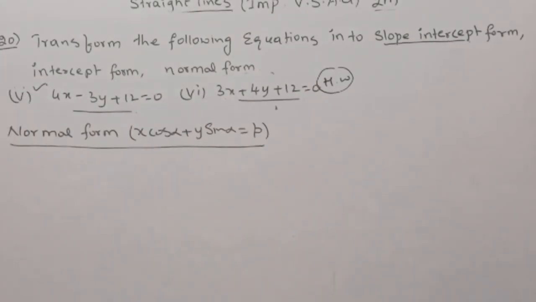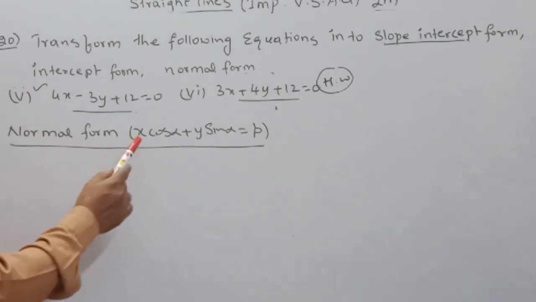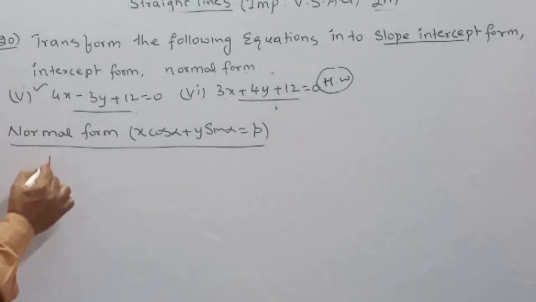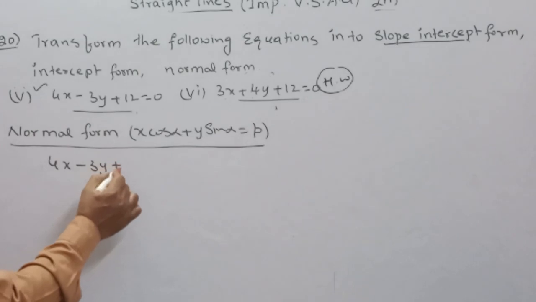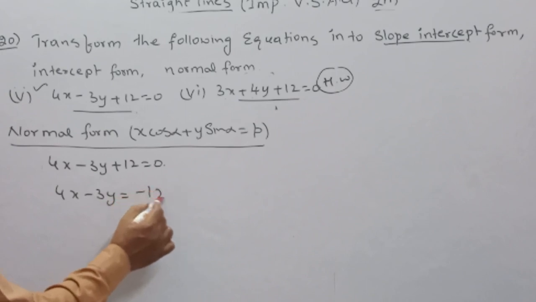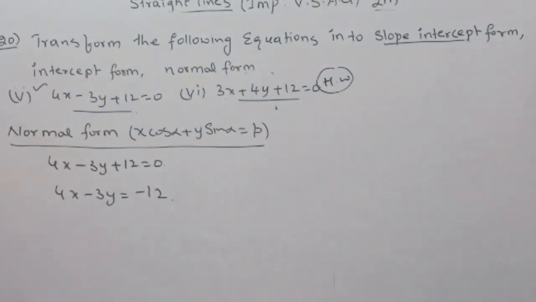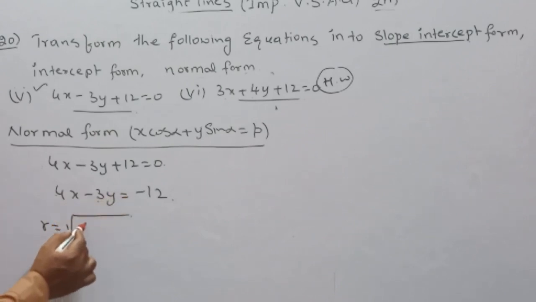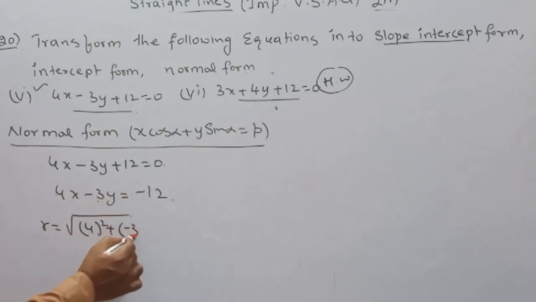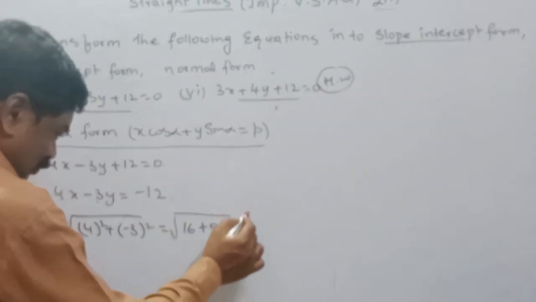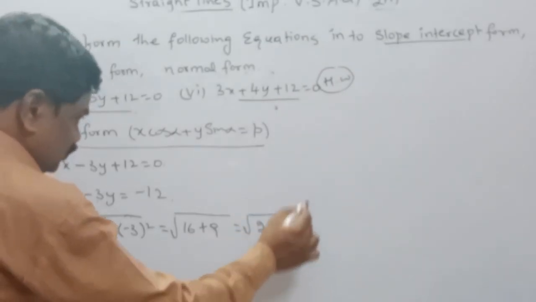Next one, normal form of the line equation: x cos alpha plus y sin alpha is equal to p. So, given equation 4x minus 3y plus 12 equal to 0, you can write 4x minus 3y is equal to minus 12. Here you can find r, which is root over x coefficient squared plus y coefficient squared, that is root over 4 squared plus minus 3 squared, equal to root over 16 plus 9, equal to root 25, equal to 5.